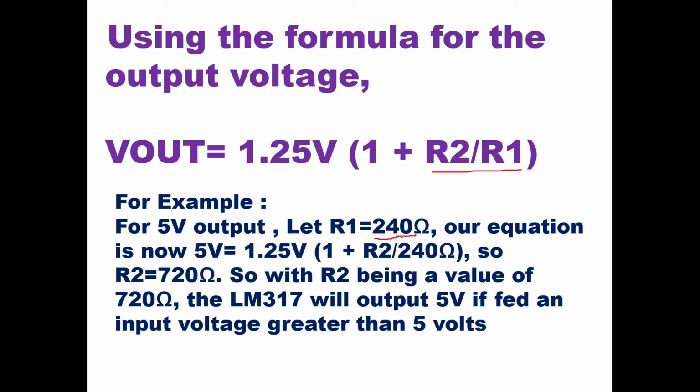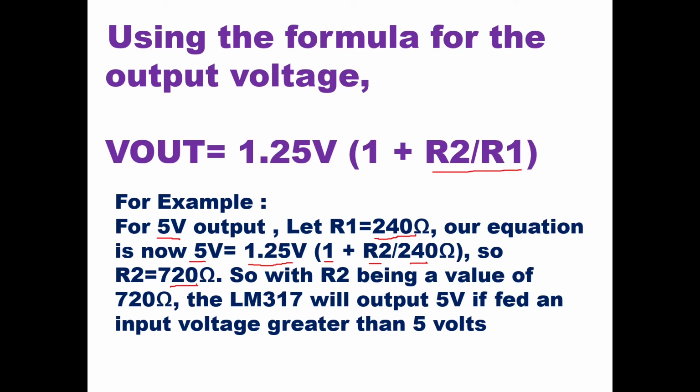Now, if I want an output voltage of 5 volt, then our equation will be 5 volt equal to 1.25 times (1 plus R2 upon R1), where R2 we don't know and R1 is 240 ohms. In that case, we will get R2 as 720 ohms.